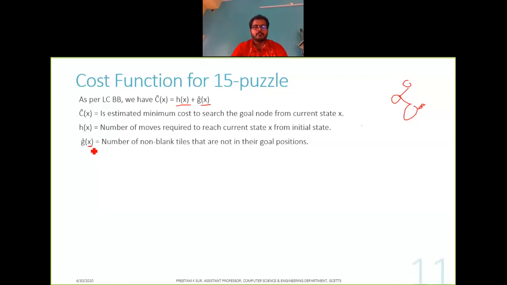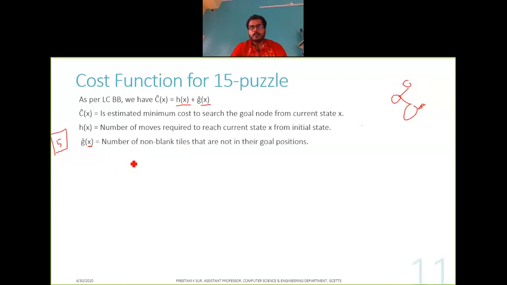Suppose there are five tiles misplaced at node x. To reach the answer node, we have to move those five tiles at least once, so we need at least five moves of the blank to reach the goal state.